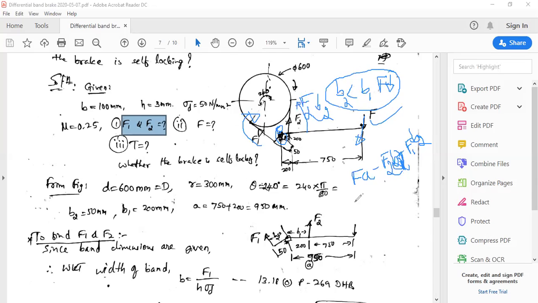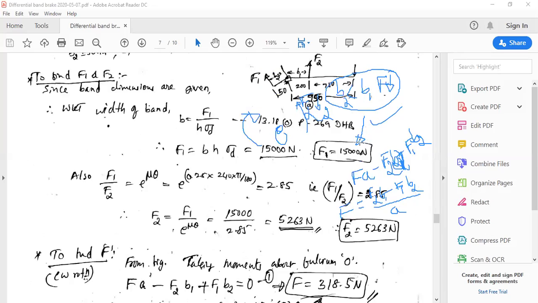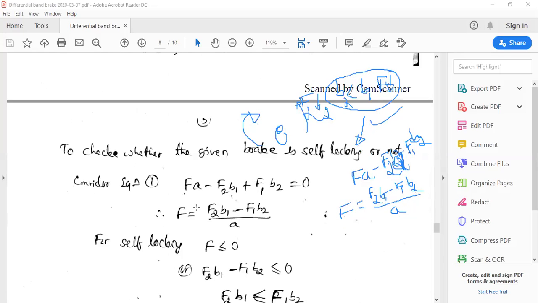So F is equal to what is the resulting equation that we are getting now. F is equal to F2 b1 minus F1 b2 divided by a. So this is the equation that we are getting. In the same manner, the equation derived here is Fa minus F2b1 plus F1b2 equal to 0.